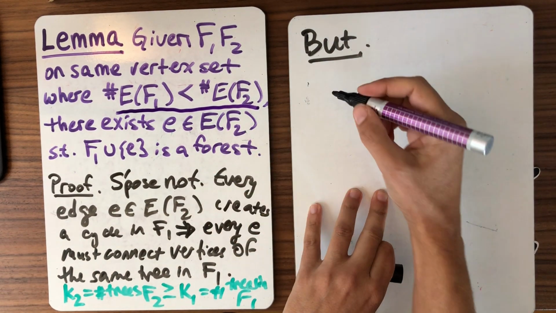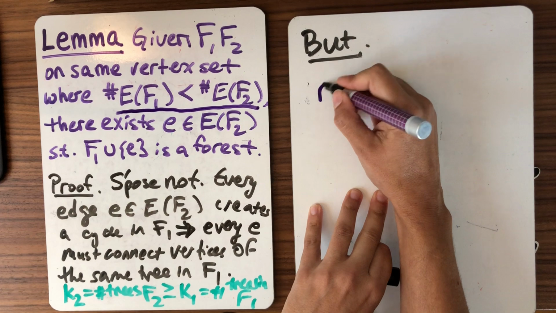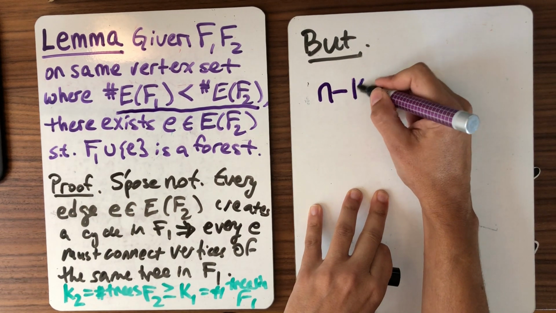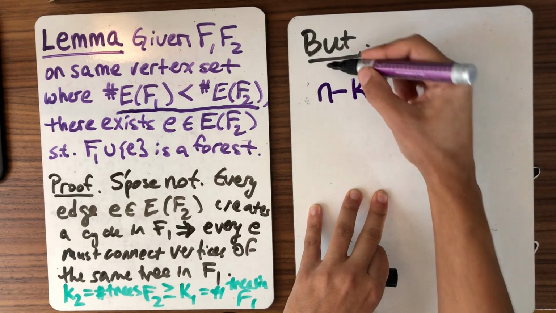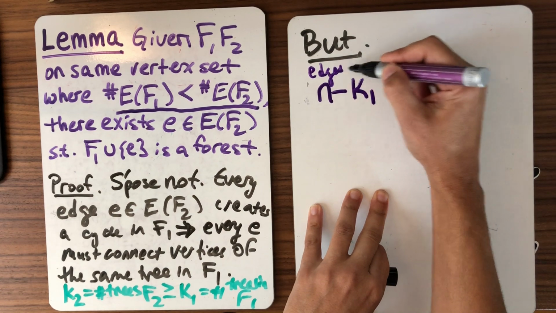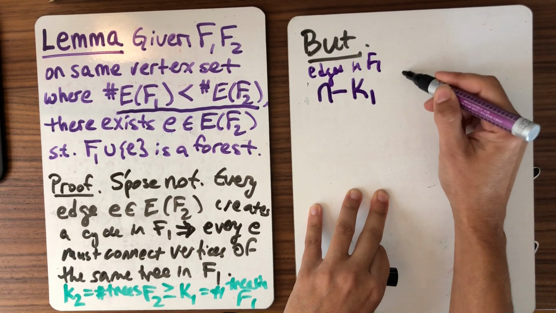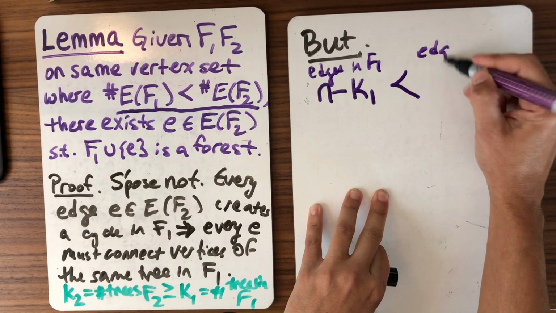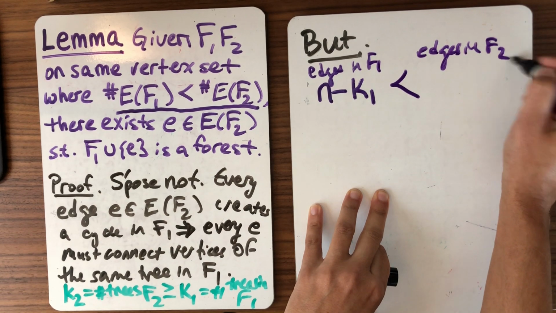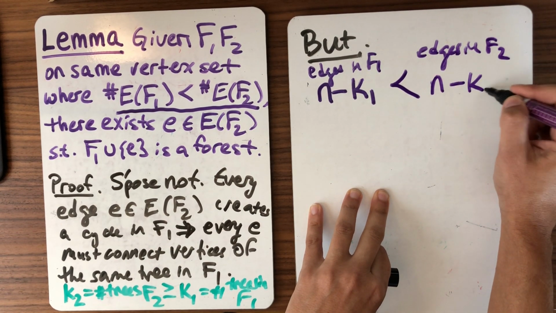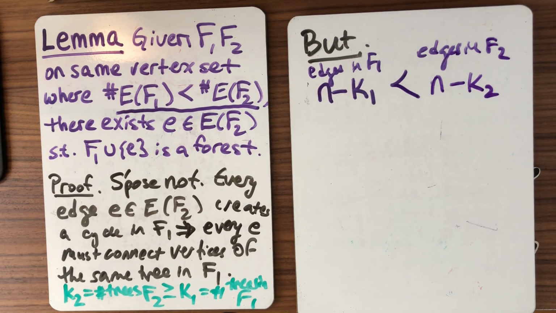Remember the lemma we just proved? The number of edges is the number of vertices minus the number of trees. That's the number of edges in F1. And that is strictly less than the number of edges in F2, which is n minus K2. It's the same n because they're both forests on the same vertex set.